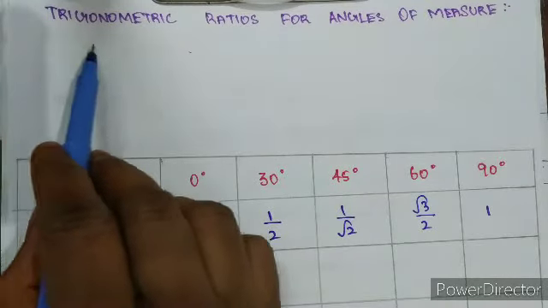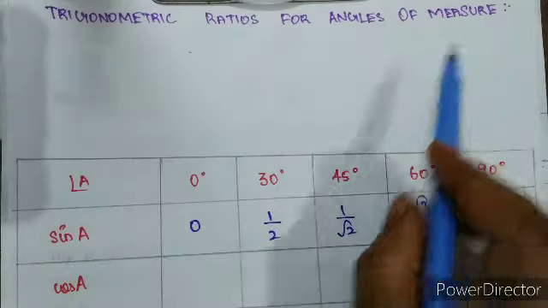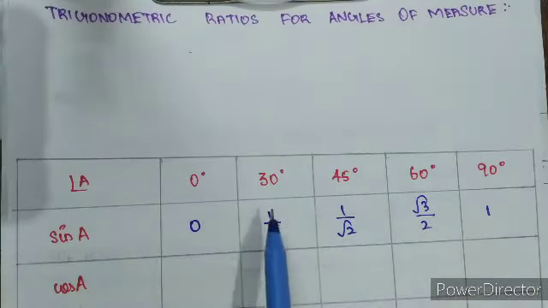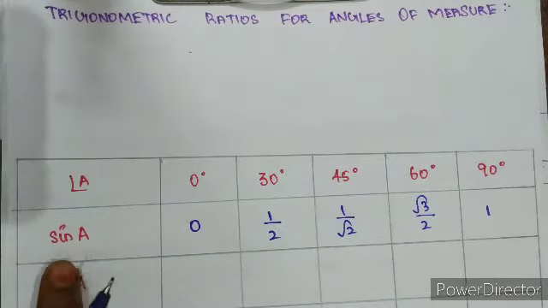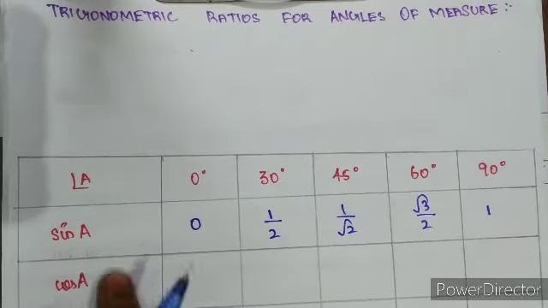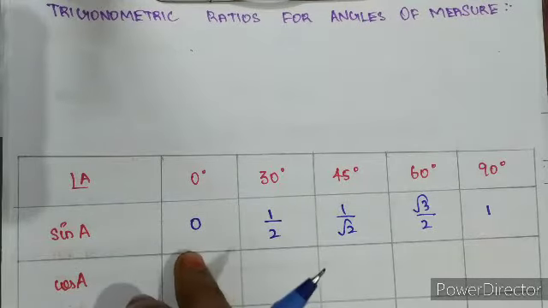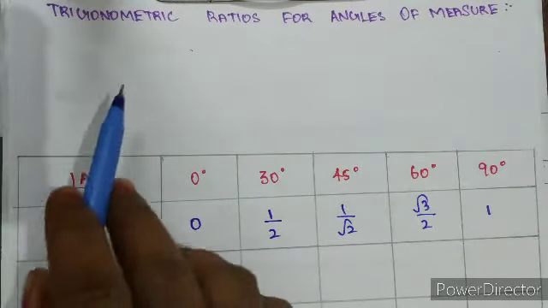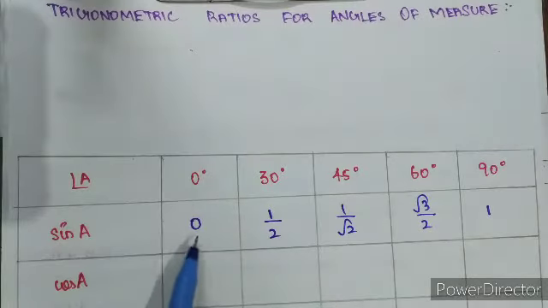Now let's see the trigonometric ratios for angles of measure 0, 30, 45, 60 and 90 degrees. See here, once we know the sine values, then we can easily get the other trigonometric values. Now I'll show you a simple method to get the sine values.